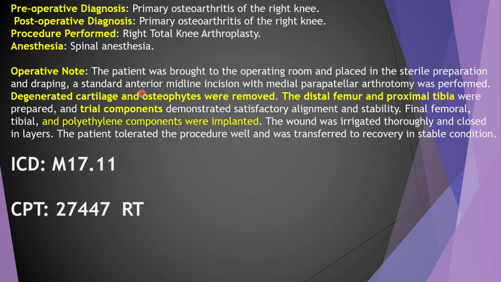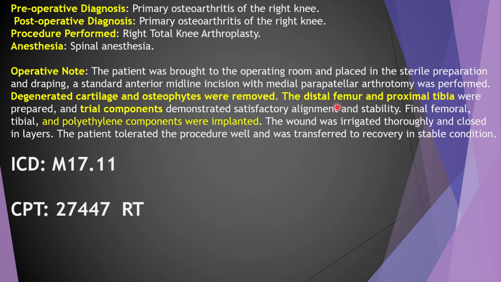So this one is a total arthroplasty. How? There are key points. First, the degenerated cartilage and osteophytes, that is the bone spurs, were removed.